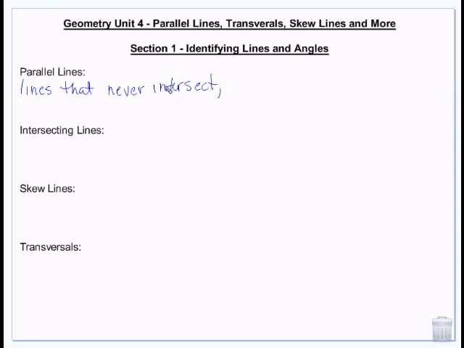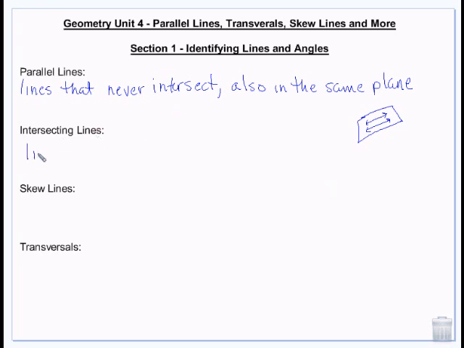But there's something special about parallel lines. Yes, they don't intersect, but they are also in the same plane. So if I have some plane, my lines that don't intersect will be lying in the same plane.